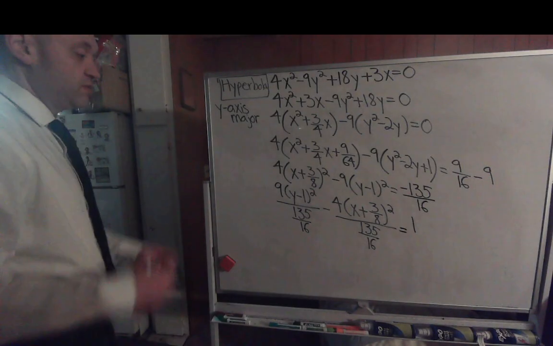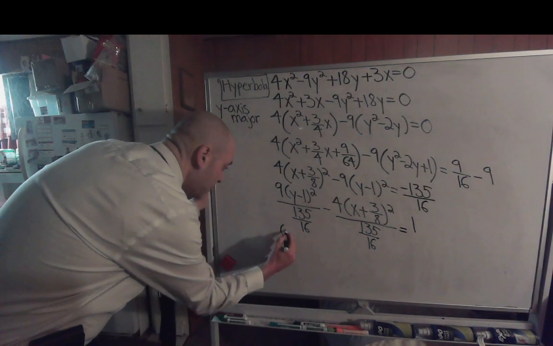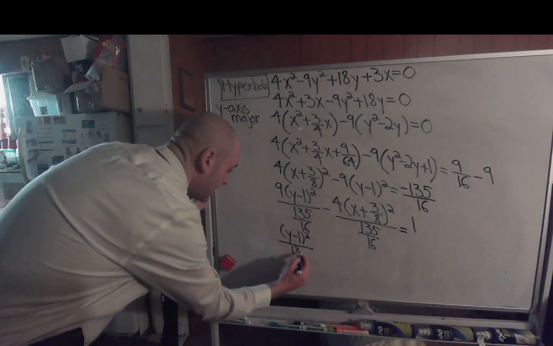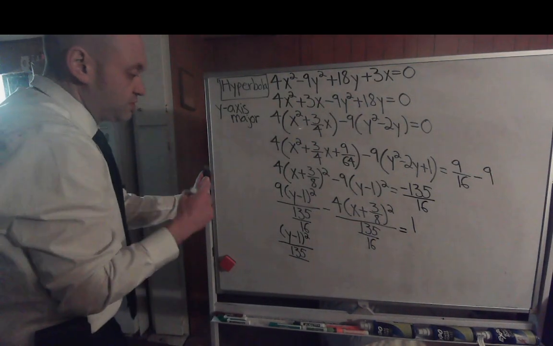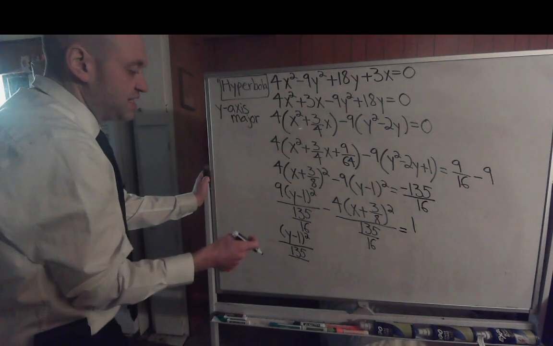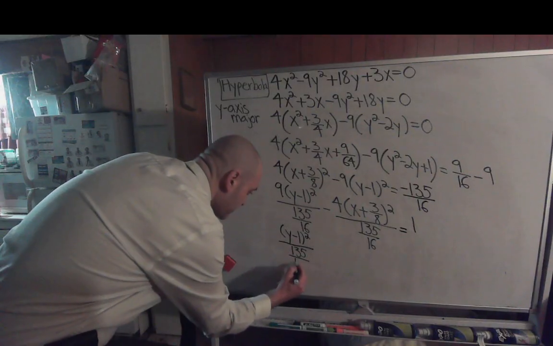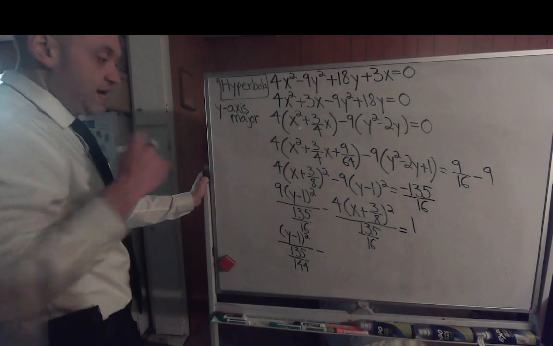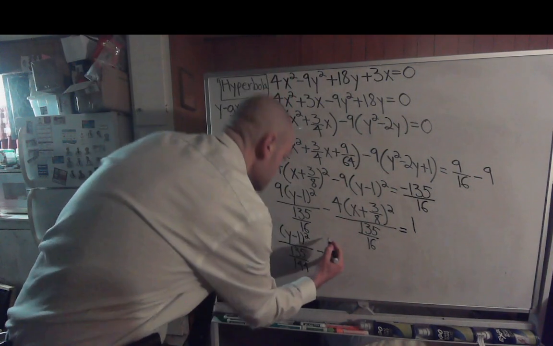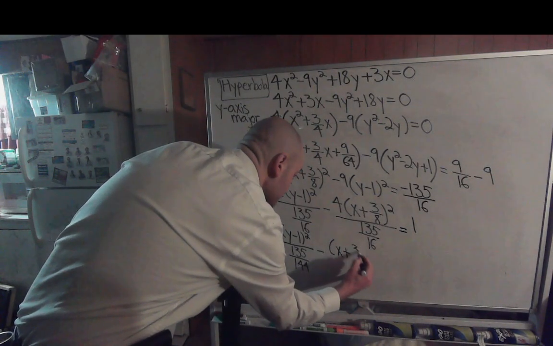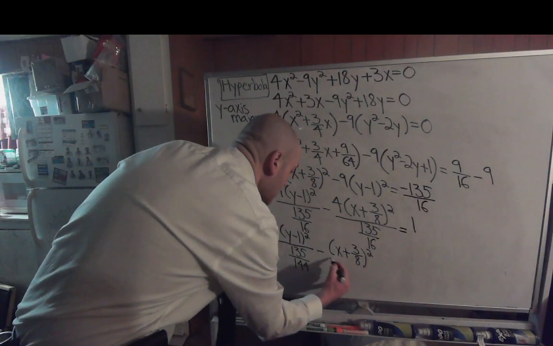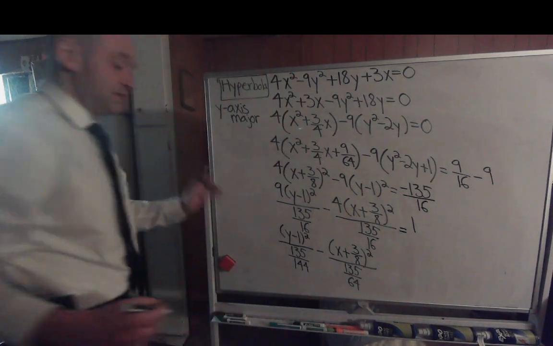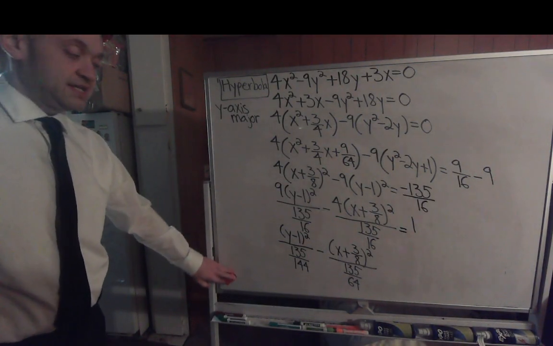If we do that, you end up getting y minus 1 squared all over 135 over 16 divided by 9, so that'd be 135 over 144, minus your next one, that's going to be x plus 3/8 squared all over 135 over 64. All right, so we have a real mess here.